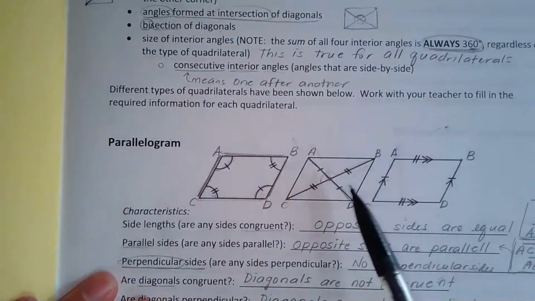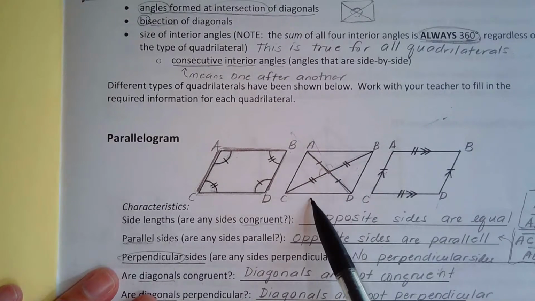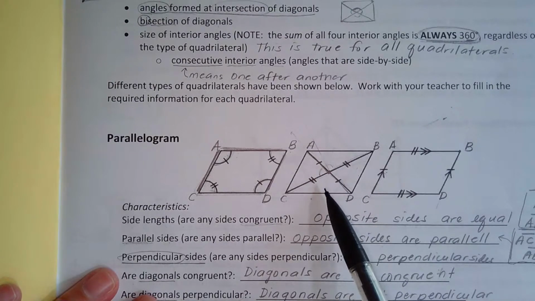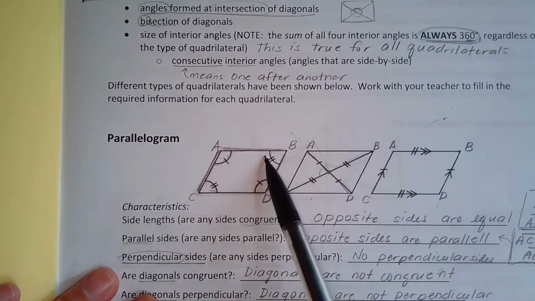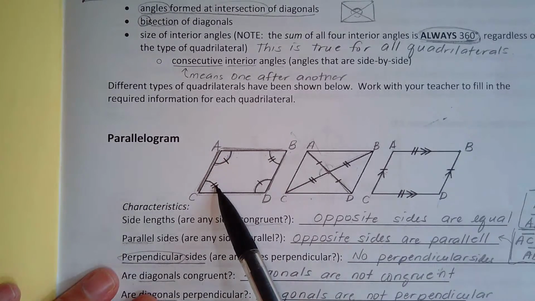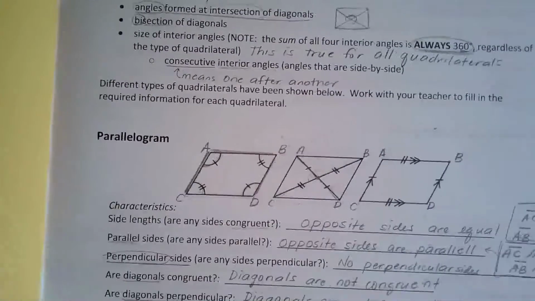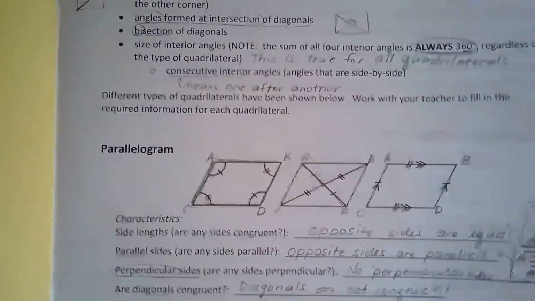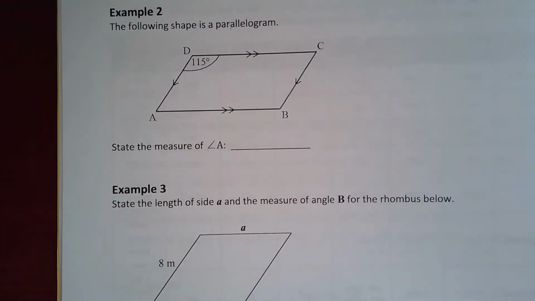A parallelogram has opposite sides equal, and opposite angles are equal. Right there, opposite angles. Opposite sides are parallel. So a lot of equal stuff there, except for the diagonals, of course.